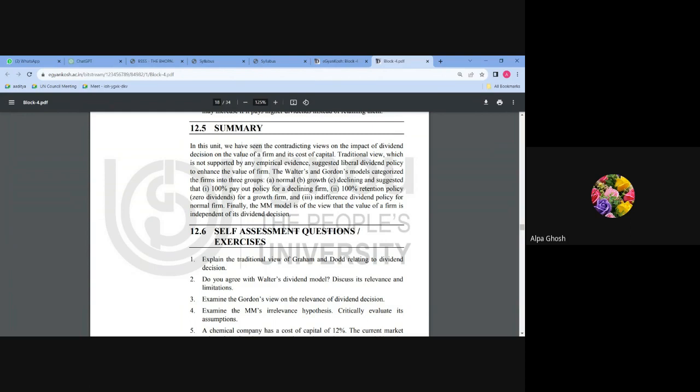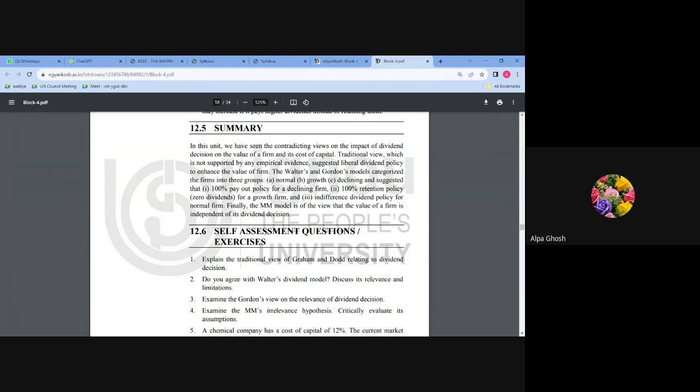When the firm is in the growth stage, your returns are more compared to your cost of capital. In the growth stage, if you put more capital in the business, it will give you more returns. So this is the period where you declare less dividend and try to use the retained earnings in the firm.